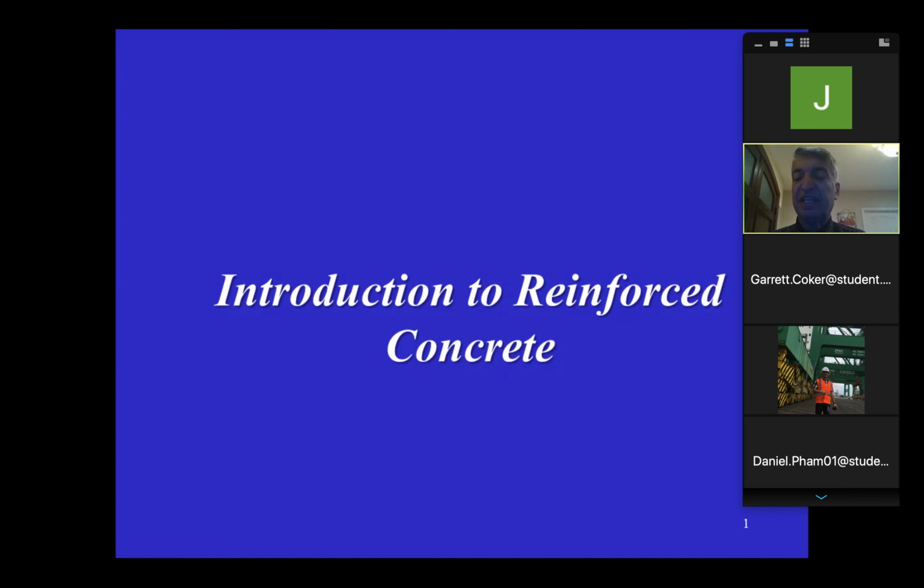We are not studying precast concrete, and we are not studying post-tension concrete or pre-tension concrete. I will explain those as we go, just so you know the difference. But this is mainly cast in place concrete. That means the concrete is brought to the job site and put in the forms, and we build the building that way.